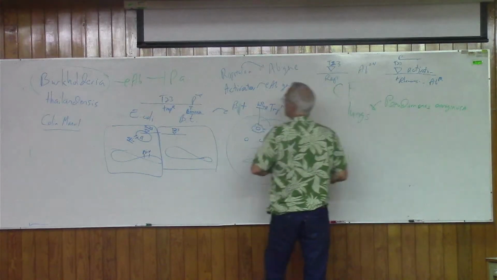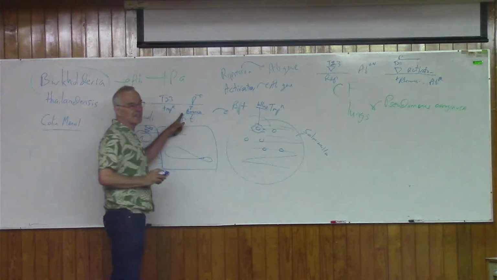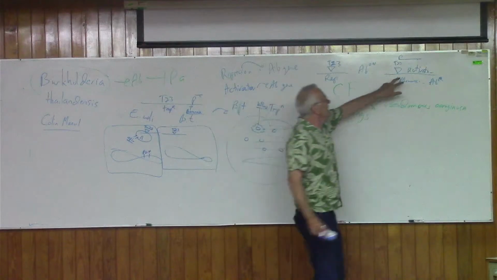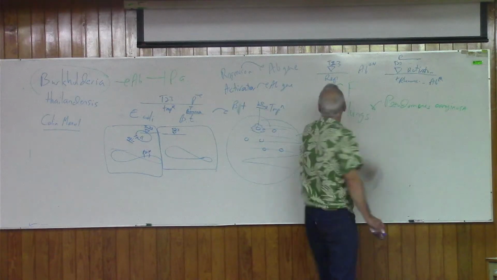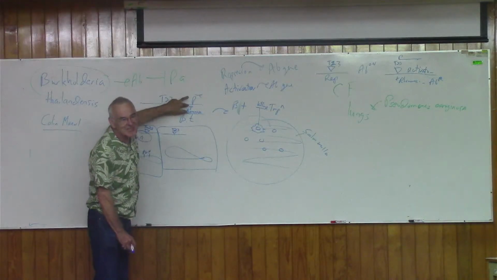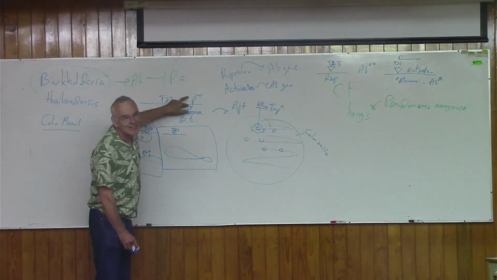So that was the idea behind this transposon. But again, this didn't work. So it'd be nice to go back and fix this so that we have an inducible promoter that works in Burkholderia.